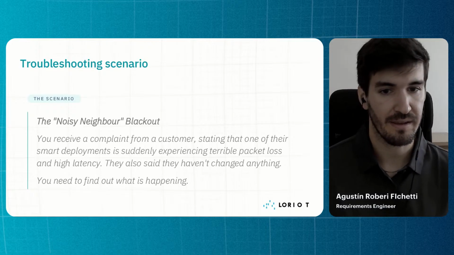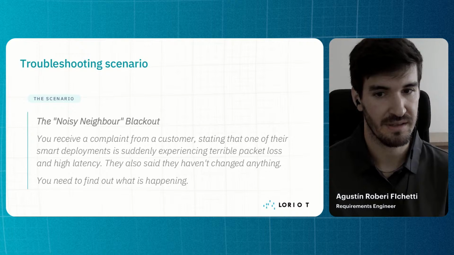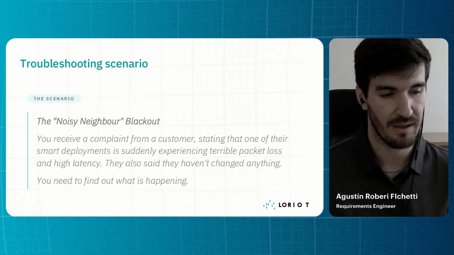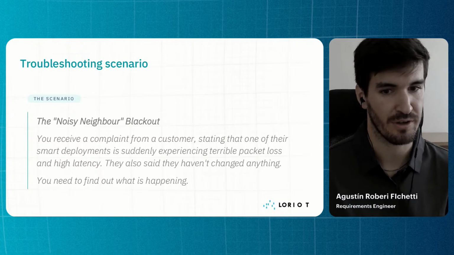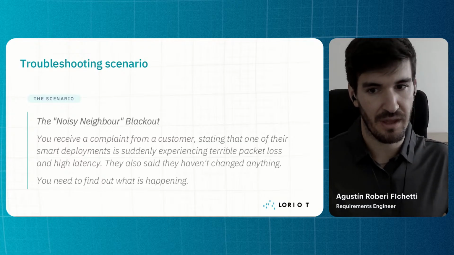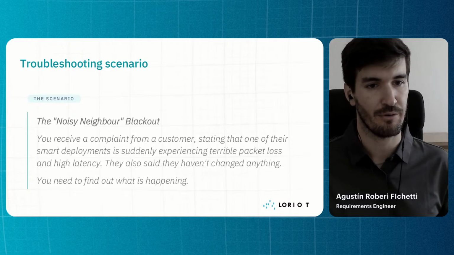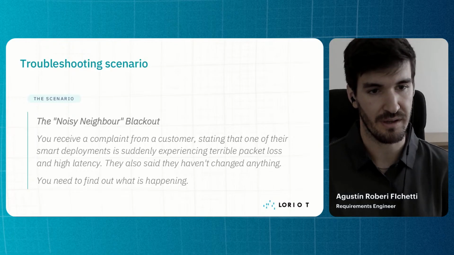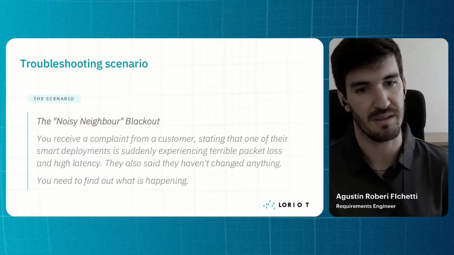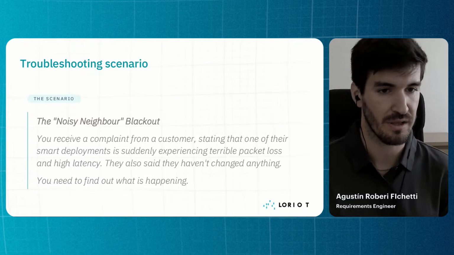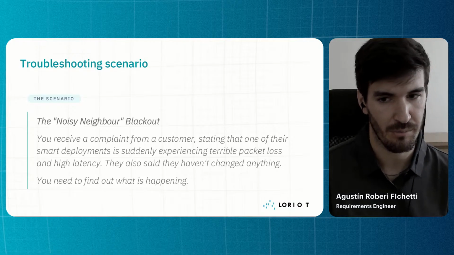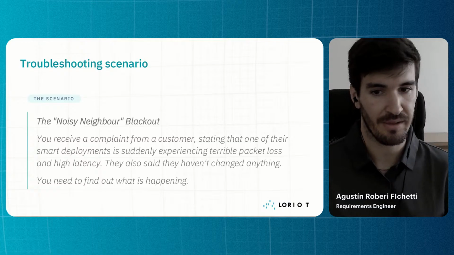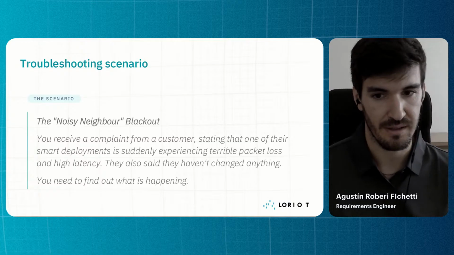The customer says that one of their smart deployments is suddenly experiencing terrible packet loss. They say they haven't changed anything, and that they are not on site. So they suspect a gateway is continuously going offline. They raise a ticket, or tell you in an email, that you have to check it out and see what is happening.